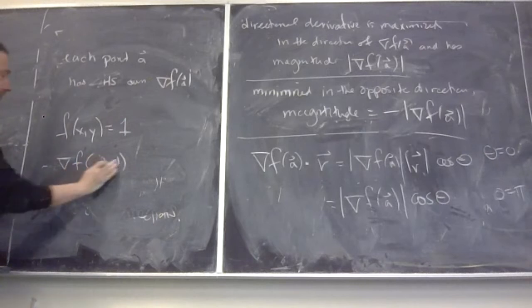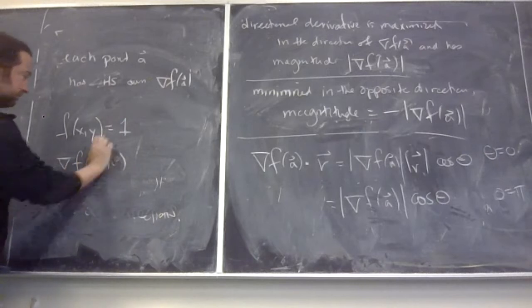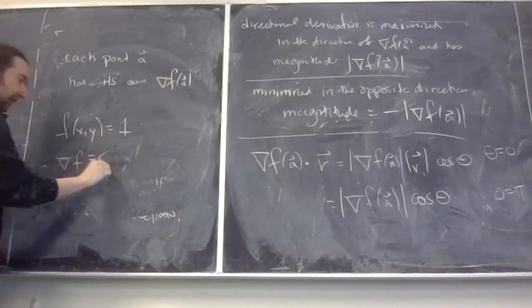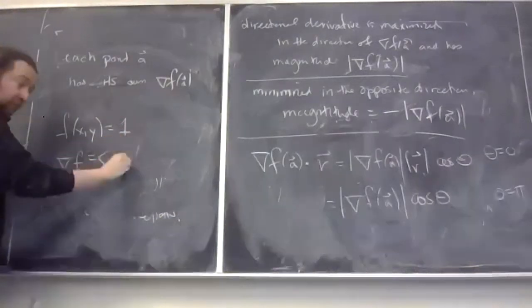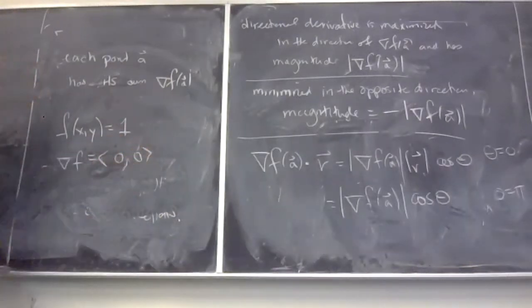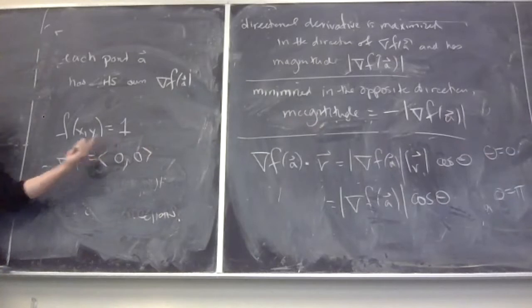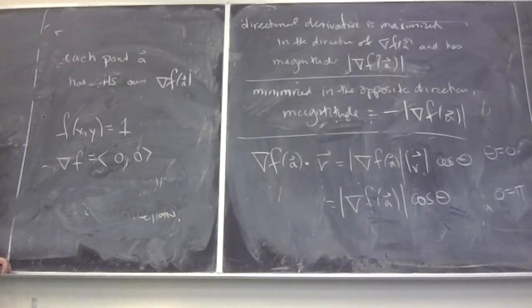No matter where you compute it, the gradient of f is equal to fx, which is 0, and fy, which is also 0, the derivatives of this function with respect to x and y. You don't see the x and y values there, but they're there. Okay, if you get gradient f equal to 0, you've got some issues.